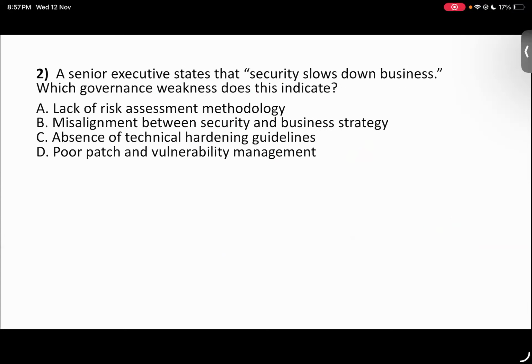A senior executive states that security slows down the business. Which governance weakness does this indicate? Lack of risk assessment methodology, or misalignment between security and business.